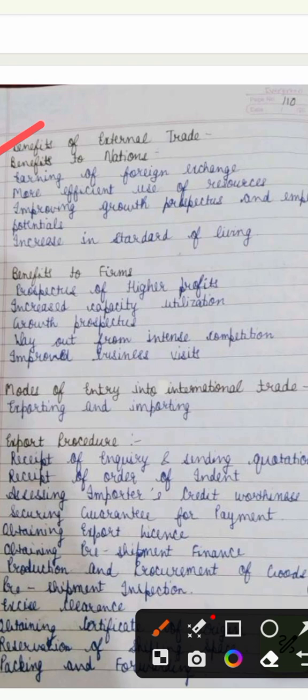External trade helps earn foreign exchange, which can be used for importing goods and services. More efficient use of resources. We can use other nations' resources also. Improving growth prospects and employment potential. International business also increases the standard of living.